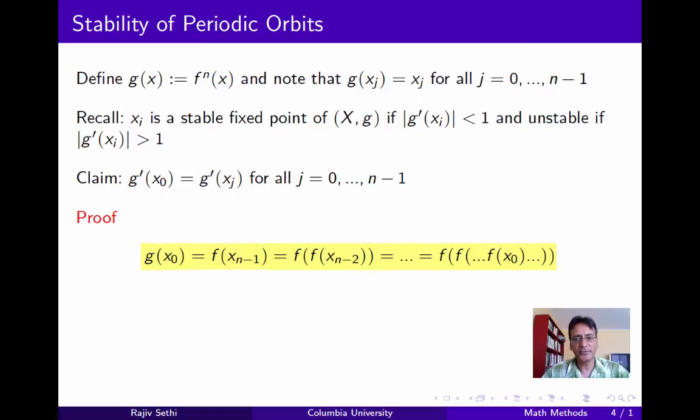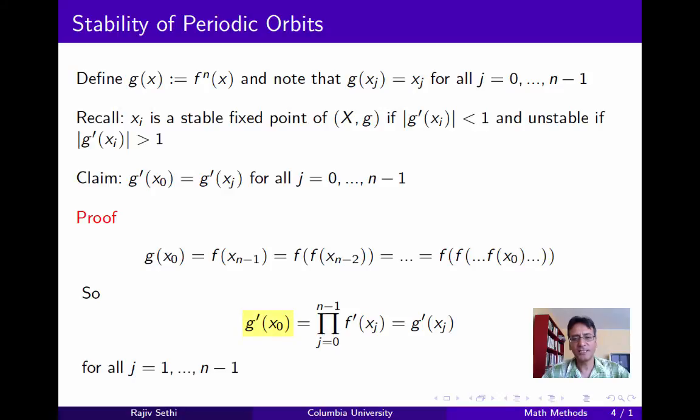Now we just apply the chain rule and differentiate both sides to get the expression on the slide, which says that g'(x0) is just the product of the various f' evaluated at the n different points of the orbit. Now this expression is symmetric. You can start at any point in the orbit and you'll get the same product. And this means that the slope of g is the same at every single point in this orbit.